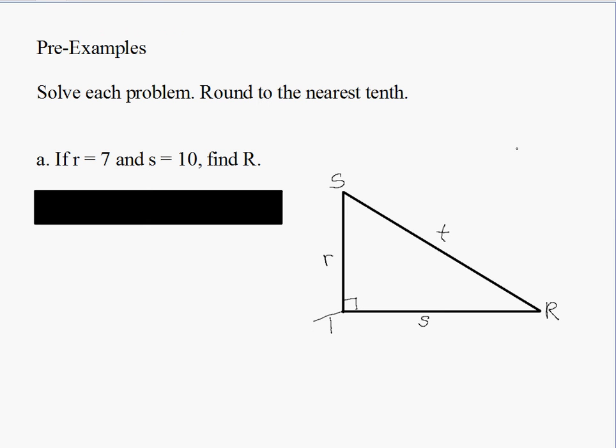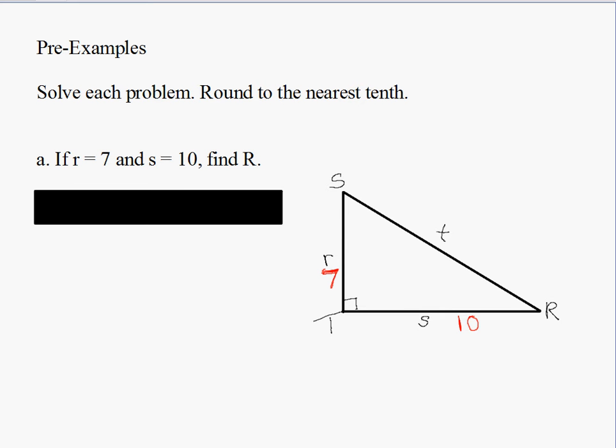Okay, here's a pre-example. I'm not going to solve this whole right triangle, only what they asked me for. In this triangle, if little r is equal to 7, remember the lowercase letters are your sides, so I know that st has to be 7, and I know that little s has to be 10. I want to find the measurement of angle R. So how do you do that?